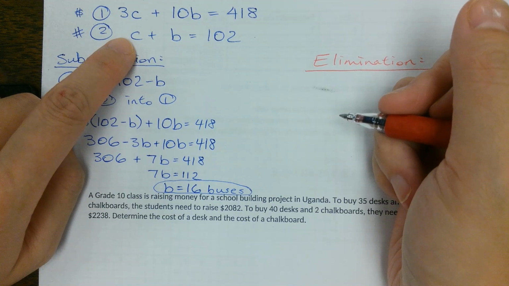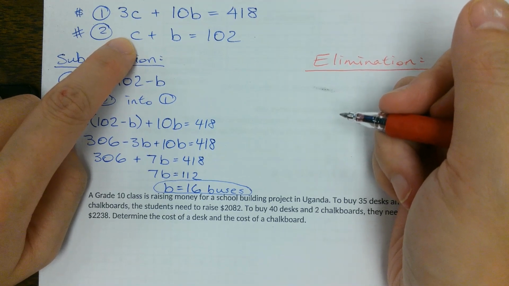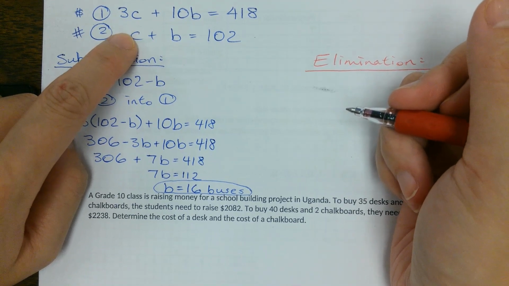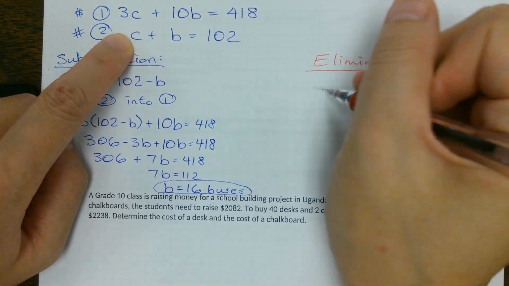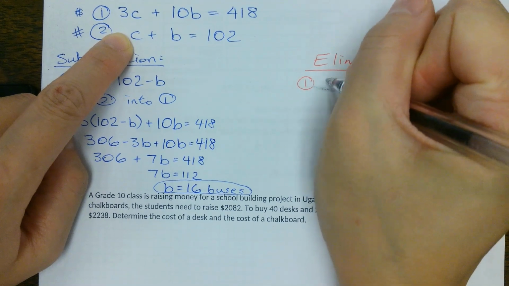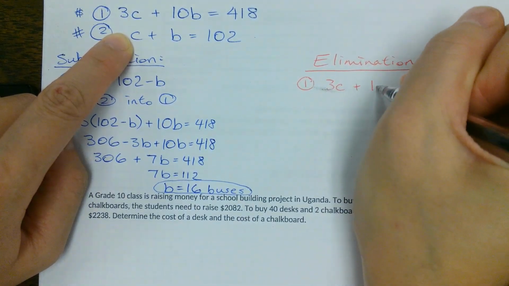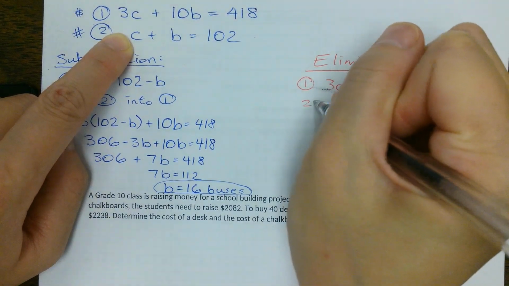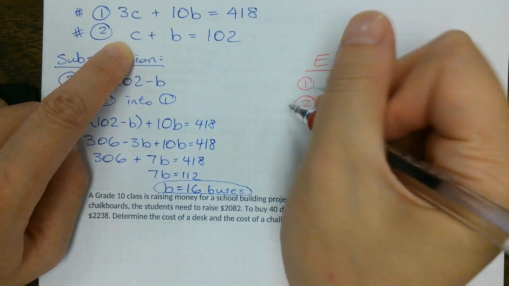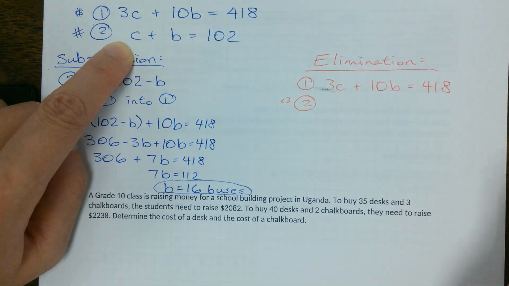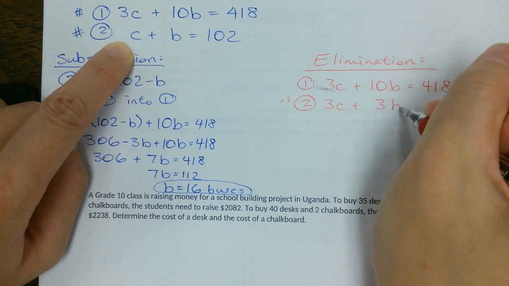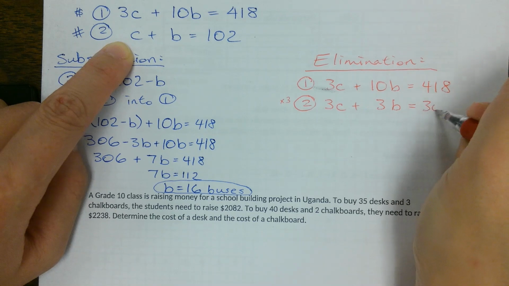Well, remember, I'm trying to solve for B. If I'm trying to solve for B, I don't want to eliminate it because then it will be gone. So that's why I would want to eliminate the C. My first equation is just 3C plus 10B equals 418. And my second equation, I'm going to multiply everything by 3. So then I get 3C plus 3B equals 306.